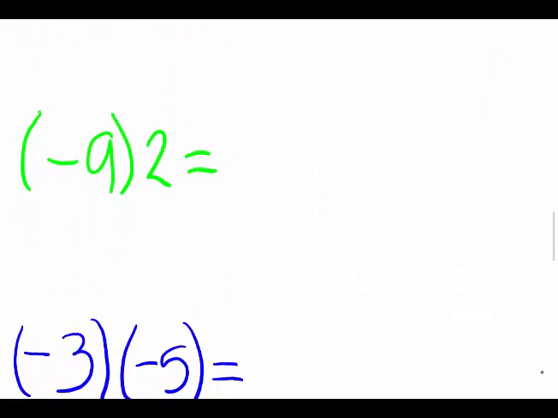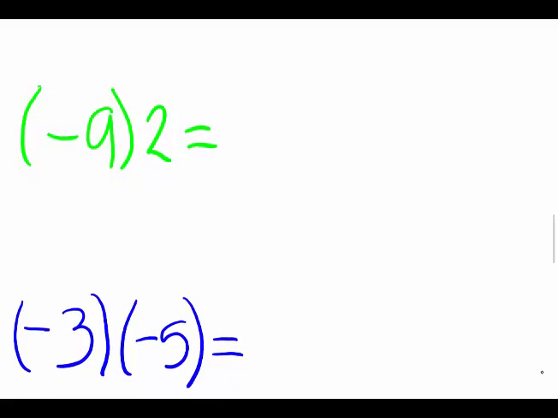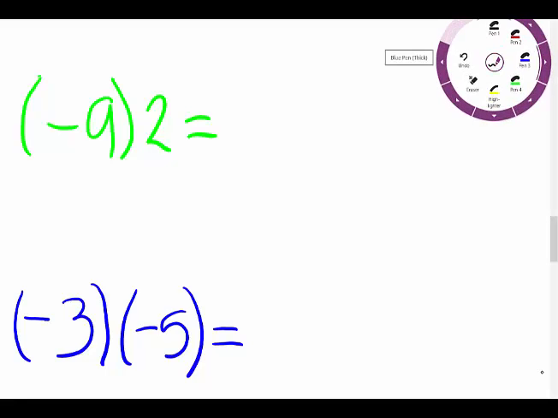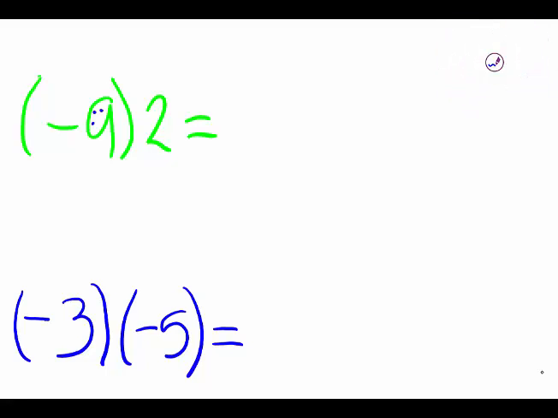The way that I like to think about this is using feelings, and I think of the numbers as happy or sad. If you have a -9, the negative numbers are sad, and the positive numbers are happy.